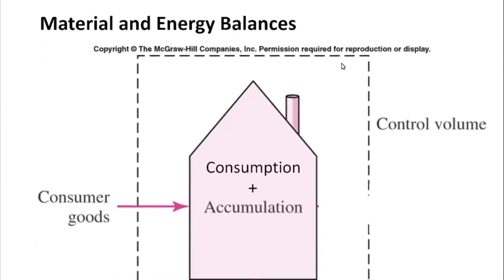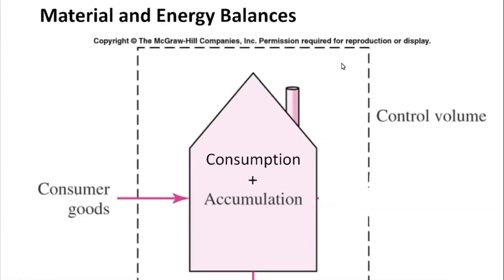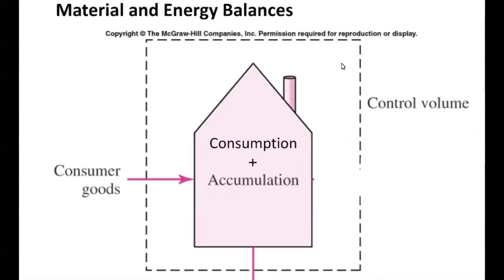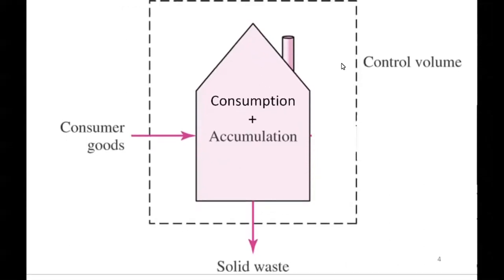Actually, last class we also briefly mentioned this materials and energy balance. First is about the materials. We gave an example of buying potatoes, right? We have a certain amount of input, which is the amount of the materials that bring into the household. We also have the consumption, which is consuming these potatoes, right?